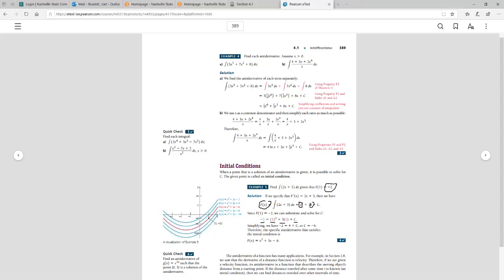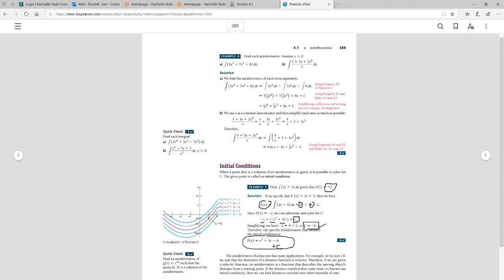Well, this allows us to solve for c. And they end up figuring out using algebra that c has to be negative 6. Since c is negative 6, they know that the antiderivative for this particular problem is going to be x squared plus 3x minus 6. We do not have to put plus c because they gave us some initial conditions that allowed us to conclude that c is actually negative 6.